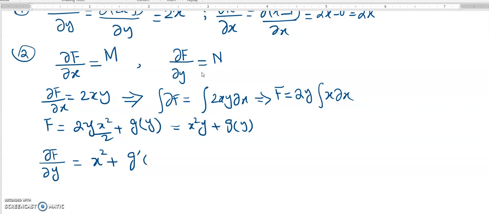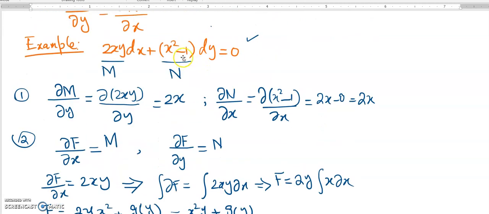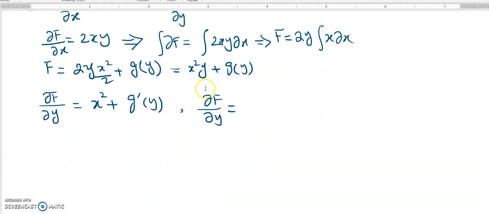This is the partial F over partial y, but we also know that partial F over partial y is equal to N, and N is x squared minus 1. So now we can compare these two values. x squared is the same as x squared.